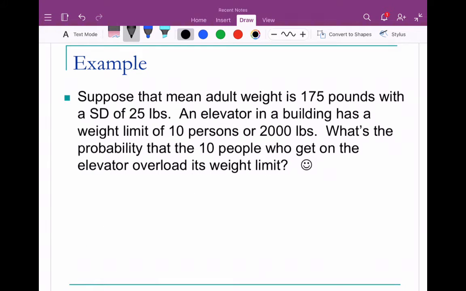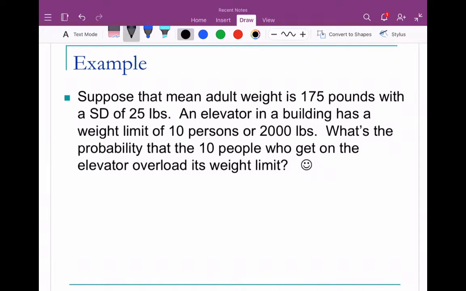Our second example says, suppose the mean adult weight is 175 pounds with a standard deviation of 25 pounds. An elevator in a building has a weight limit of 10 persons or 2,000 pounds. We want to know, what's the probability that the 10 people who get on the elevator overload its weight limit?